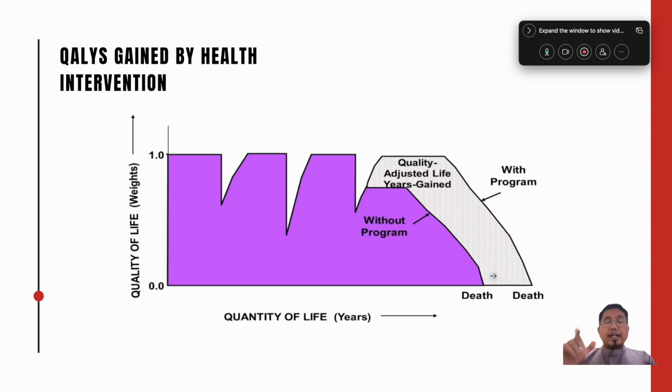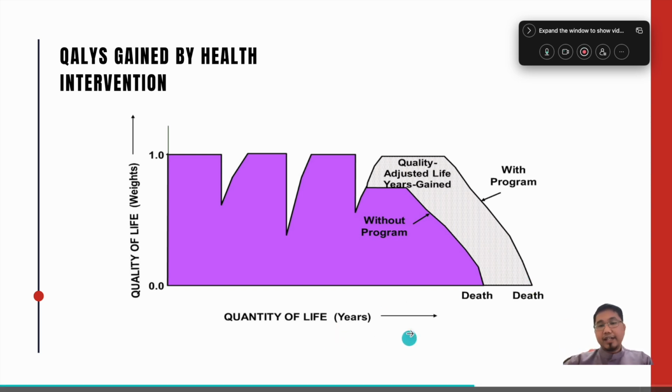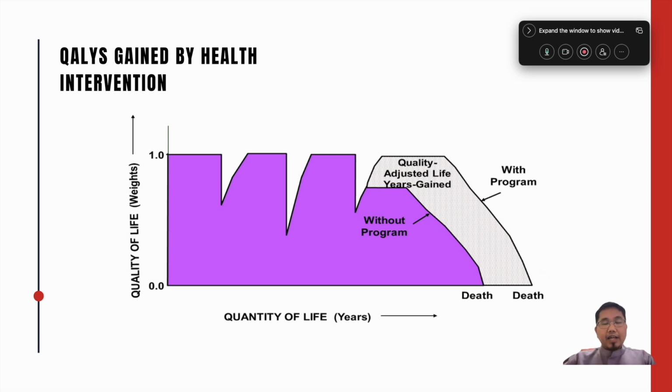So when we do the CEA, I mean the CUA, we actually want to look at the quality adjusted life years with minus without the program. When we look here, with the program the life years are extended, I mean the quantity of life is extended, there is more time to live.